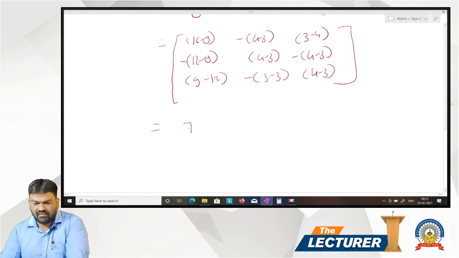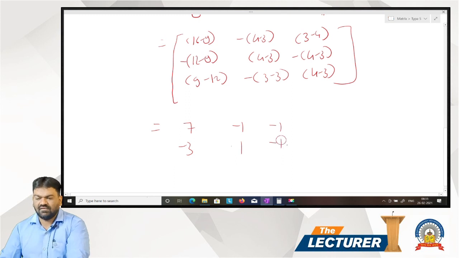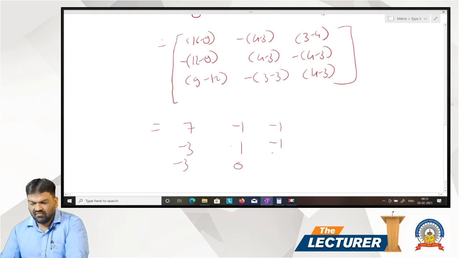16 minus 9 is 7, 4 minus 3 is 1, with the minus sign it is minus 1. 3 minus 4 is minus 1. 12 minus 9 is 3, with the minus sign it is minus 3. 4 minus 3 is 1, 4 minus 3 is 1, with the minus sign minus 1. 9 minus 12 is minus 3, 3 minus 3 is 0, 4 minus 3 is 1.